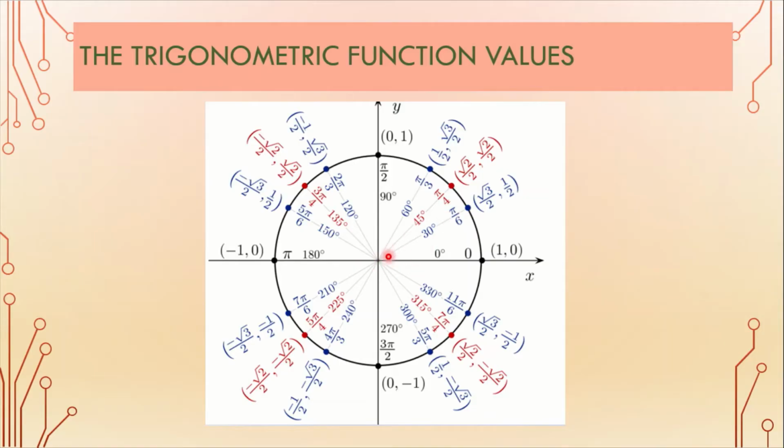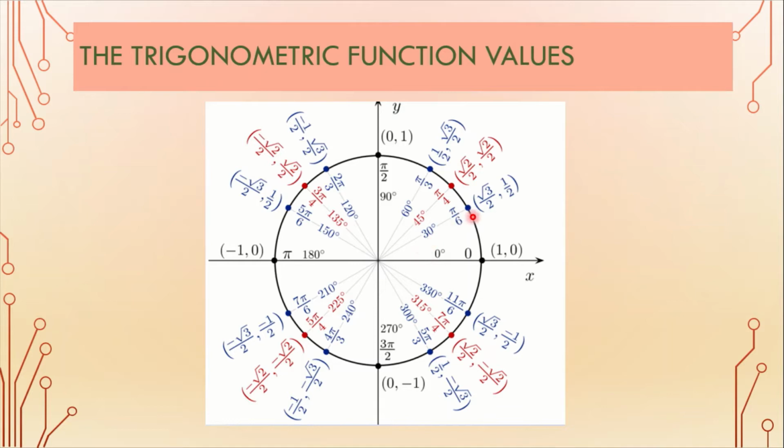Now, let's try to look at the trigonometric function value of 30 degrees. You're aware that the equivalent of 30 degrees is pi all over 6. So the first coordinate refers to the cosine value, and the second coordinate is actually the value for sine.